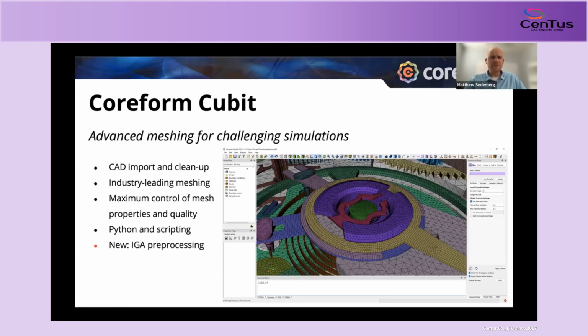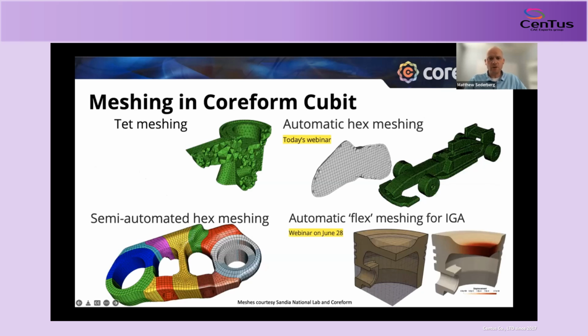And just as a review of some of the meshing technologies available in Coreform Cubit, of course, we have tet meshing. We have semi-automated hex meshing, which is what Cubit is often used for to get very high quality meshes on objects, but requires some manual featuring and decomposition of the meshes of CAD objects to mesh them.